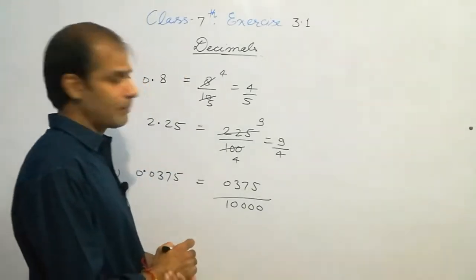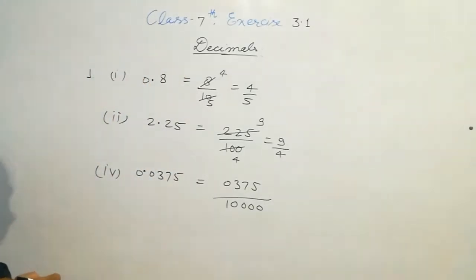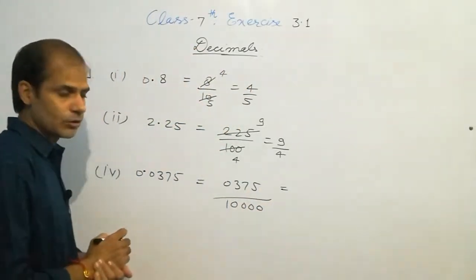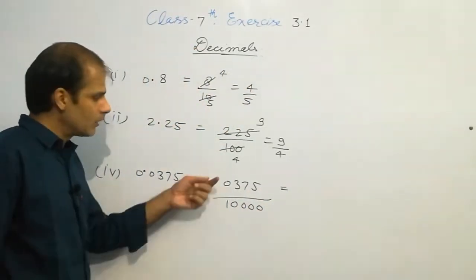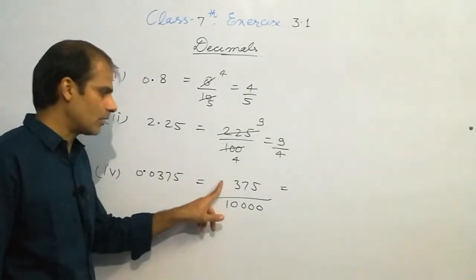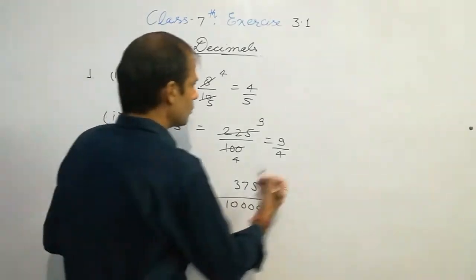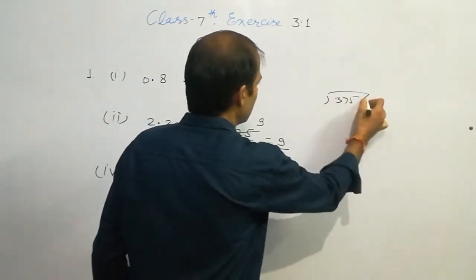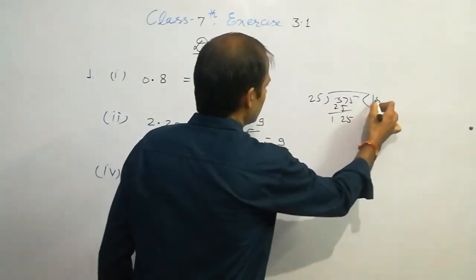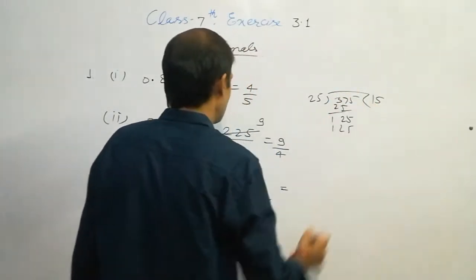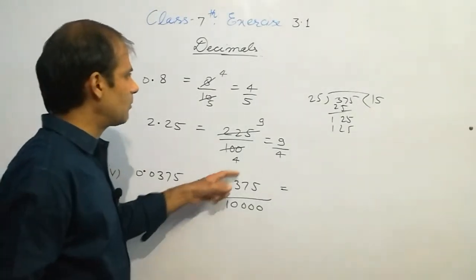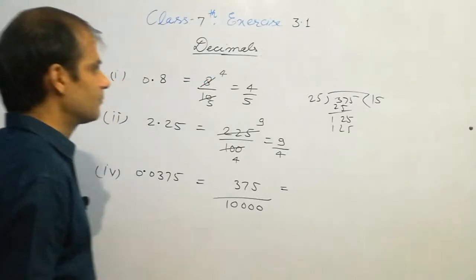So if you have practice and you remember the tables it will be easier, but you start with 25 because we know that it is divisible by 25. तो हमें इसको चेक करना है, and we don't need to write this 0, okay, because a number cannot start with 0. So 375 को अगर हम 25 से डिवाइड करें तो 25 1 जा 25, there is 12, and 25 5 जा 125. So this is divisible by 25, 15 times.